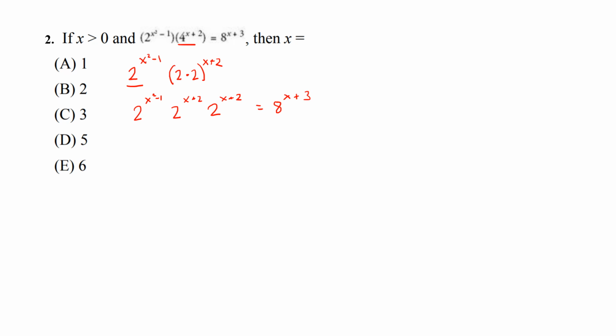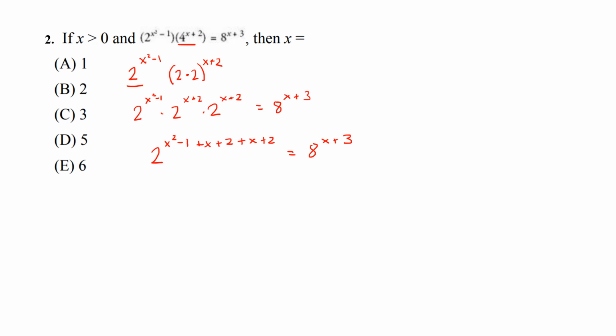So we can continue by consolidating these values. We know that by multiplying exponents together with the same base, it's the same thing as adding the exponents together. So that's x squared minus 1 plus x plus 2 plus x plus 2 equals 8 to the x plus 3.